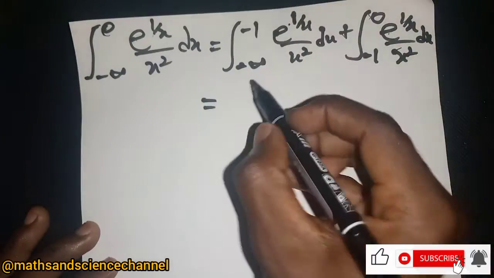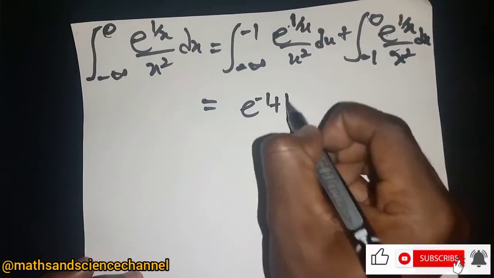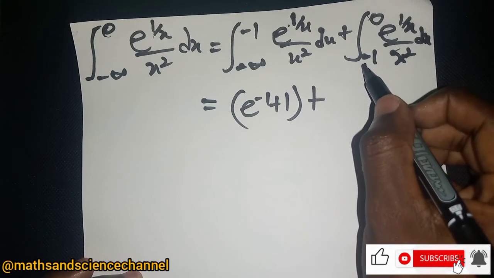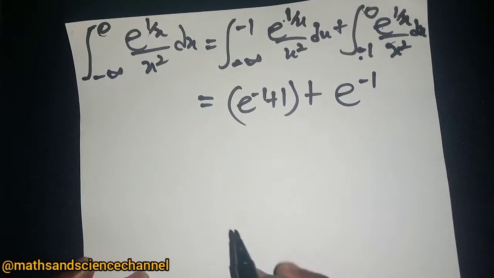Over here we had our answer to be e to the negative 1 plus 1, plus over here we had e exponent that.